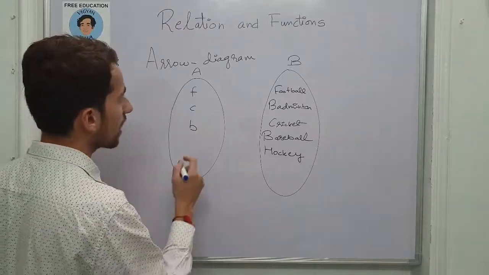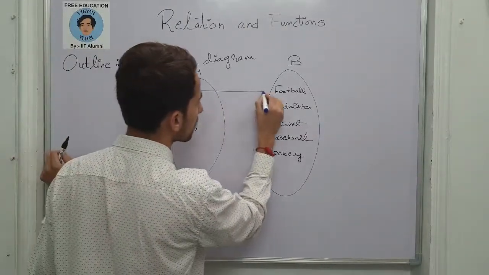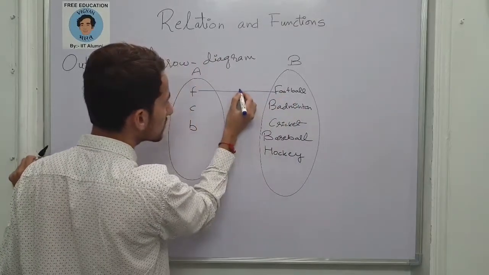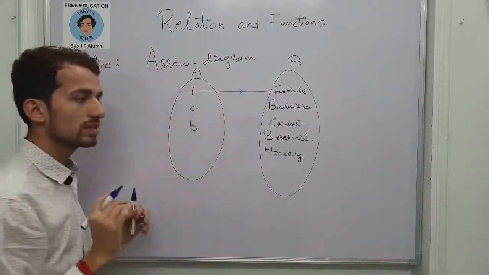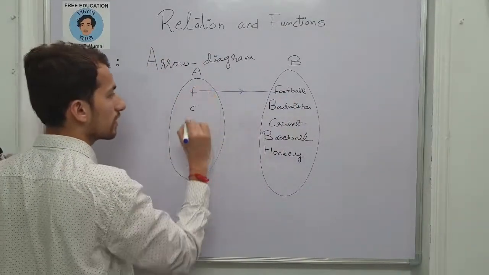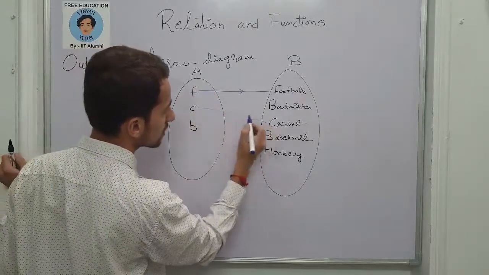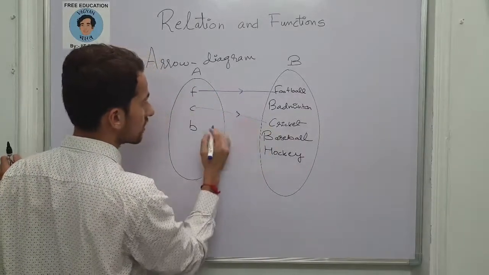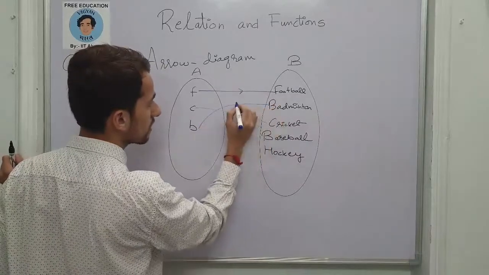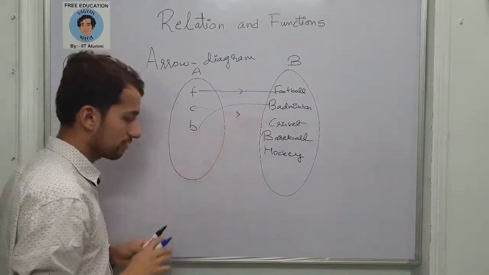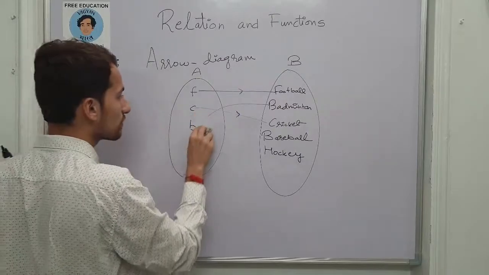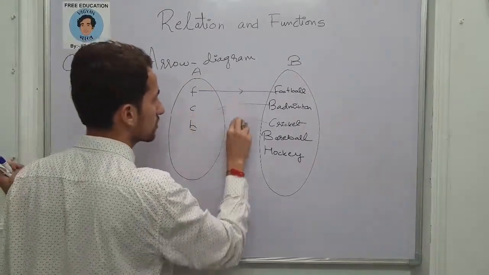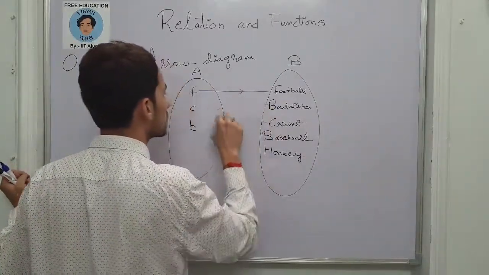So if I map my element small f with football using this arrow, similarly C for cricket, B for badminton. Basically, when we are saying arrow, they should be straight, because we are talking of arrows.